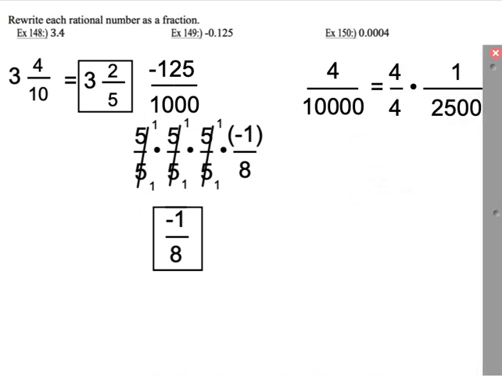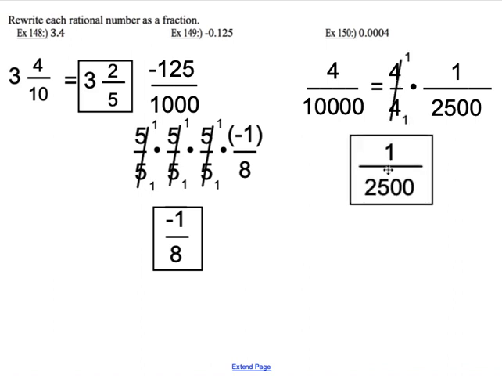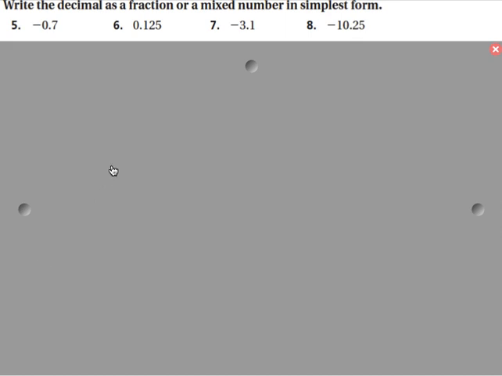Now, if we think of what that equals, we can factor out a 4 and then reduce that 4. And we're just left with 1 2,500th. So 0.0004 is 1 2,500th.